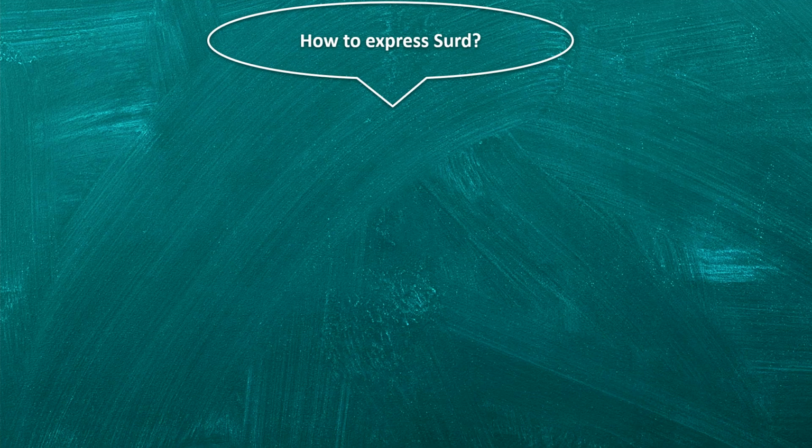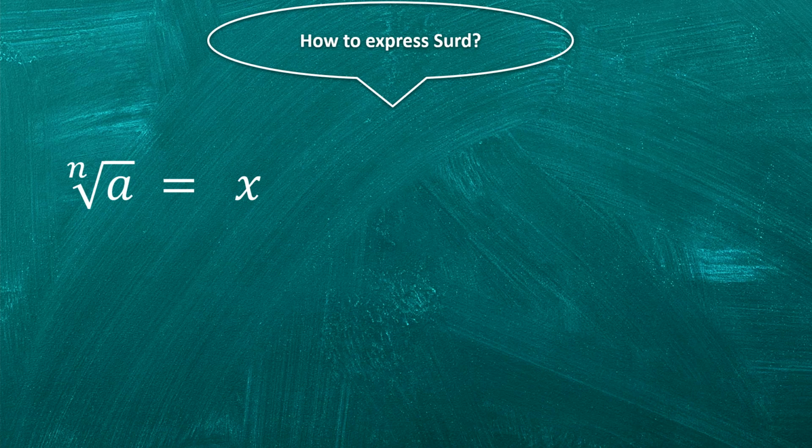So how to express a surd? Here, nth root of a equals x. From the definition of a surd, we know that the nth root of any positive rational number whose result is an irrational number is called a surd.